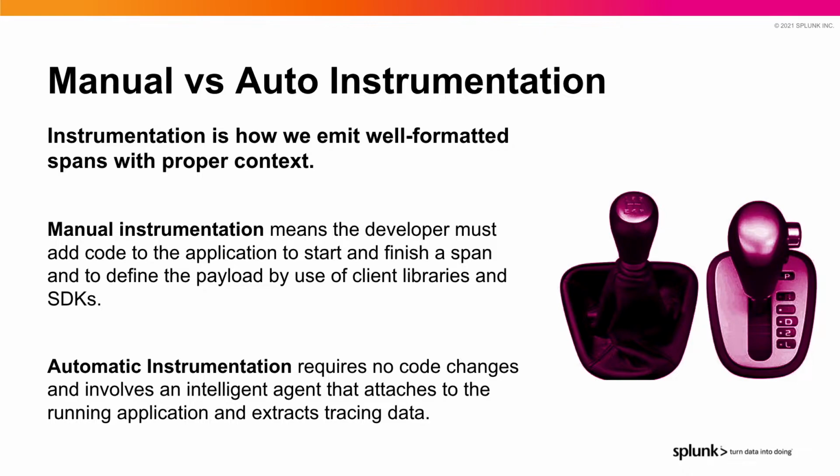While manual instrumentation may help in better understanding what we expect our application to do, what is concerning is what we forget to do and not see. Now, with auto instrumentation, or automatic instrumentation, this requires no code changes at all. With auto instrumentation, we can leverage an intelligent agent like the OpenTelemetry collector that attaches to the running application and extracts tracing data for a quick way to begin gathering metrics.